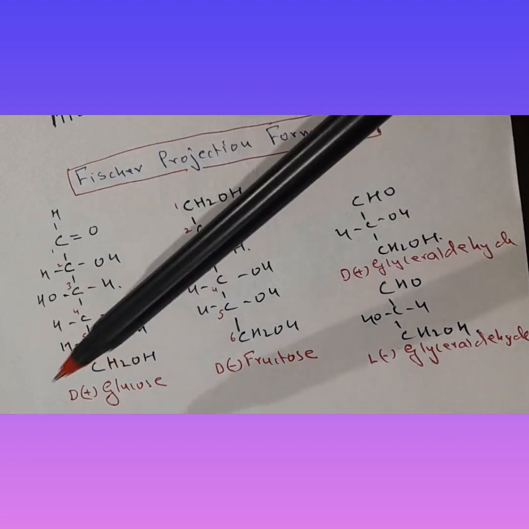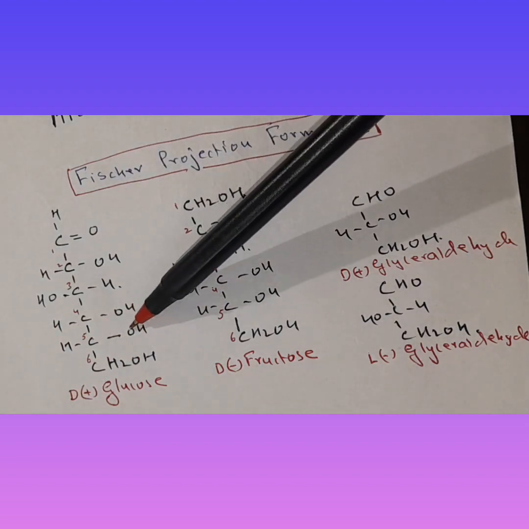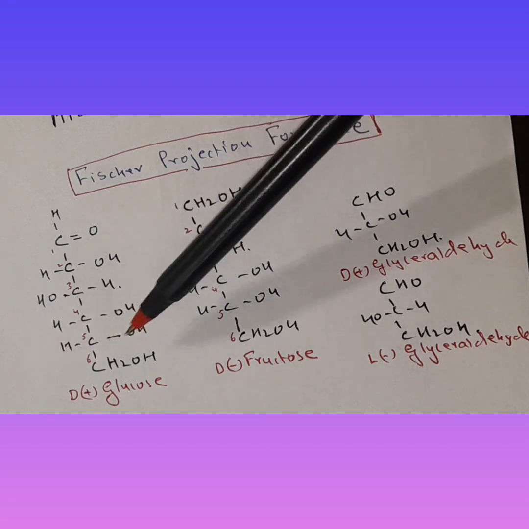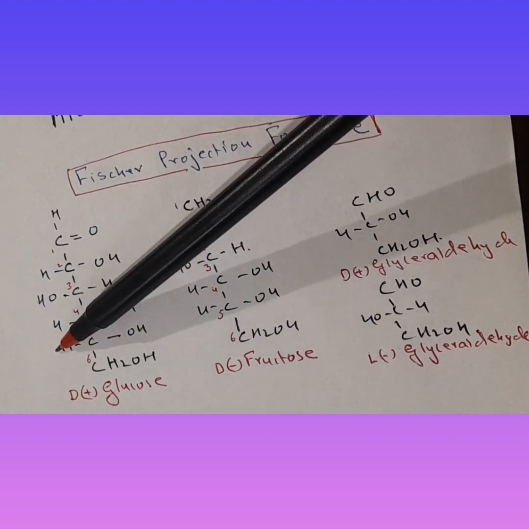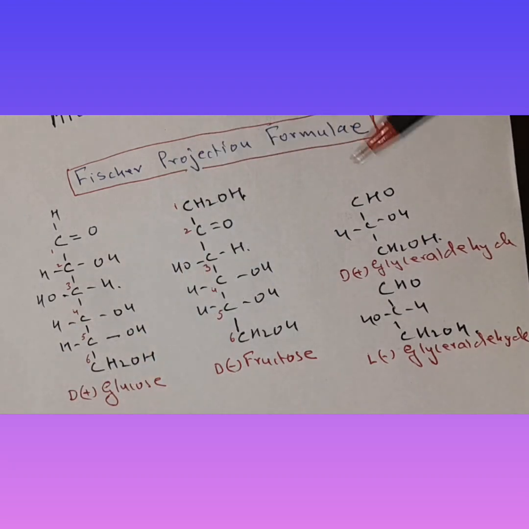Now we call this D-glucose. Whenever OH is on this side, we call it D-glucose. If OH would have been on the other side, on the left hand side, we would have called it L-glucose. Just for reference, it's all based on glyceraldehyde structure.